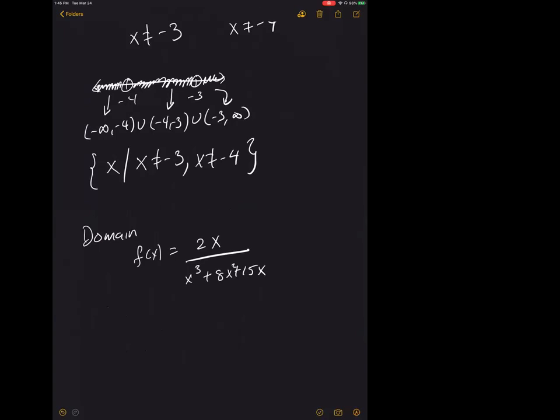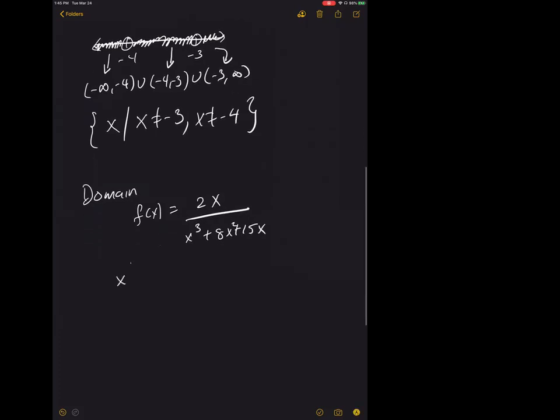Oh, excuse me. Good thing you're not around. And I had to find the domain of this function. So what I do again is I set the denominator not equal to 0, and then I need to factor it to find that domain.